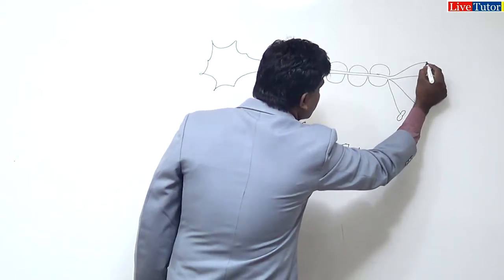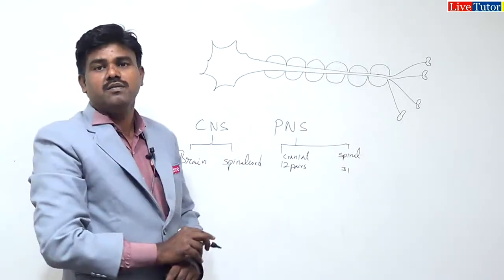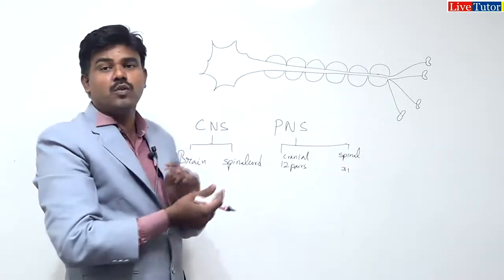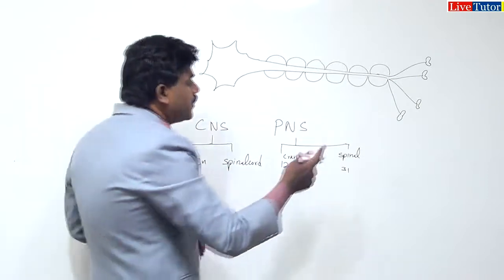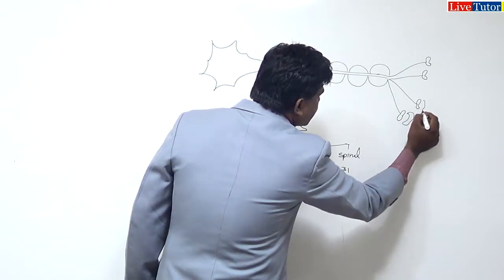This is connected to another neuron, or it may be connected to muscles. That is called a neuromuscular junction. Suppose it is connected to another neuron, this is called a synapse.